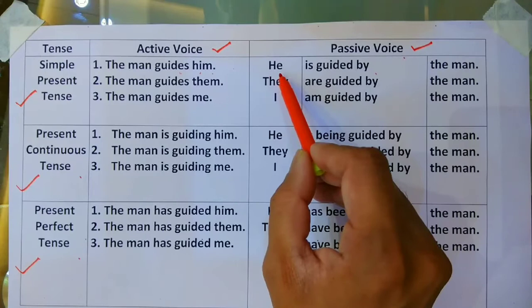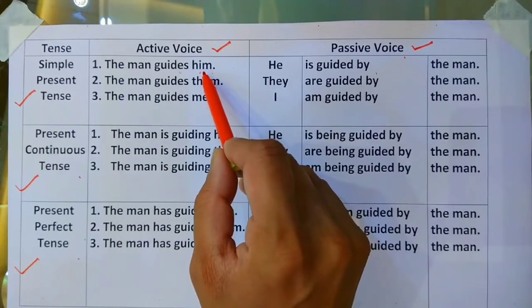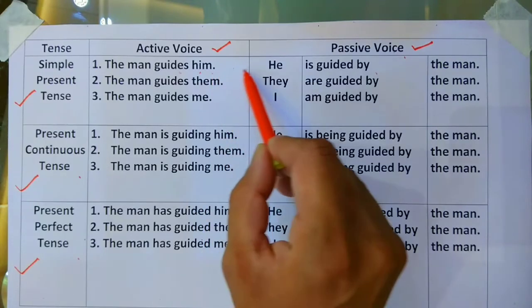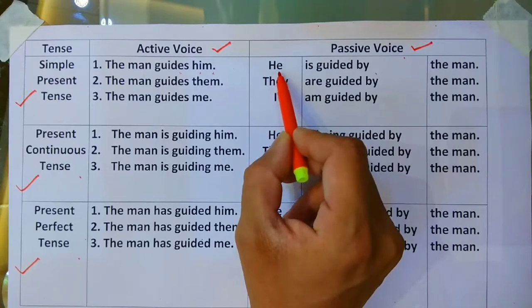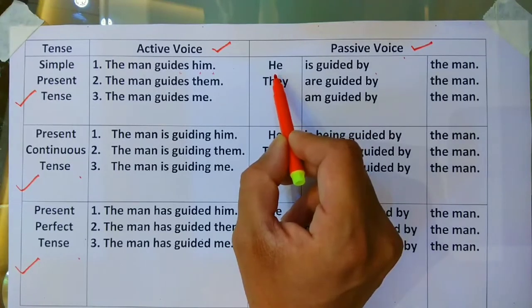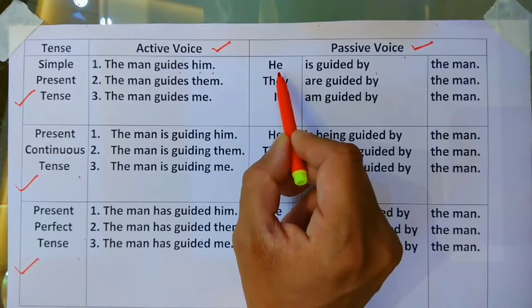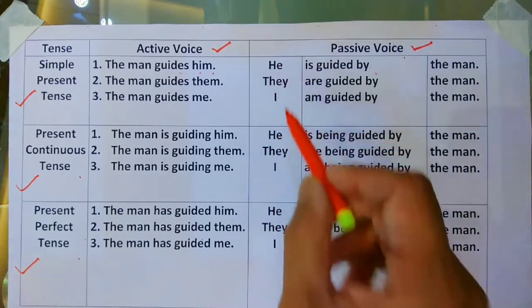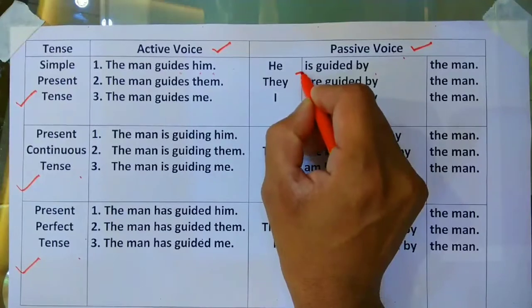So we started the sentence with the pronoun he, because in the active voice the object is him, and we have converted this objective case into nominative case he. Since the sentence is from simple present tense and the pronoun he is in a singular form, we have selected the auxiliary verb, helping verb, is here.